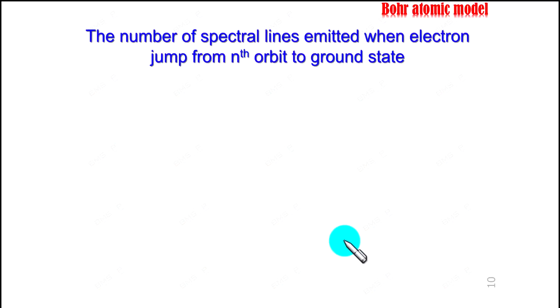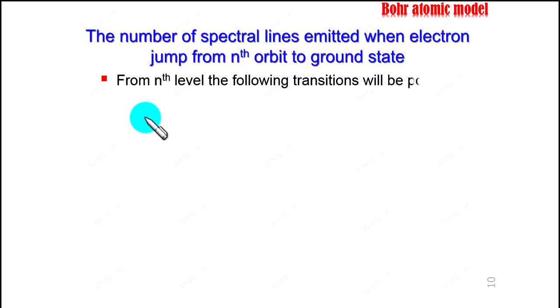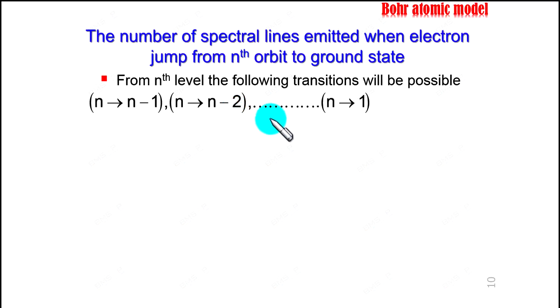It can move from n to n minus 1, from n to n minus 2, from n to n minus 3, and so on, we can say n to 3, n to 2, n to 1. That means these are the possible ways.